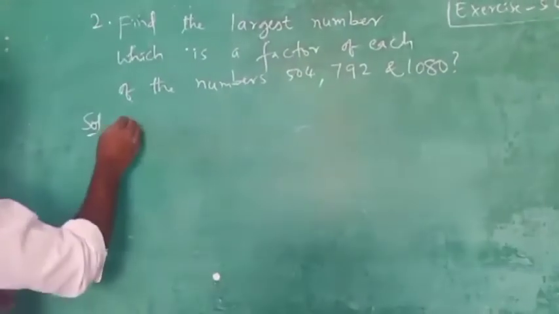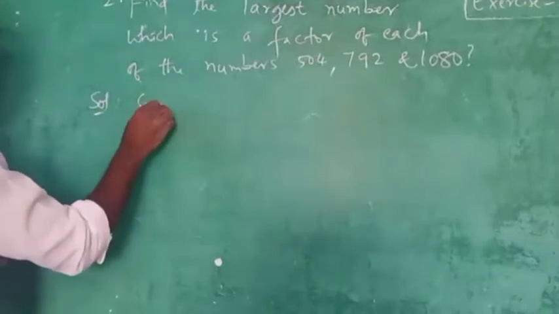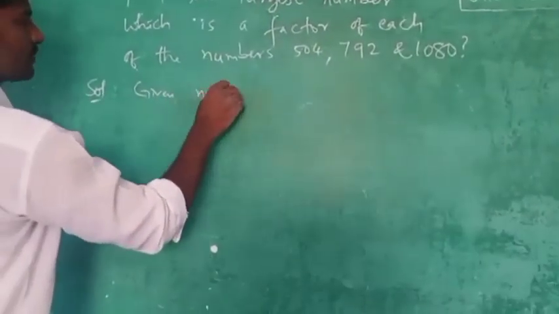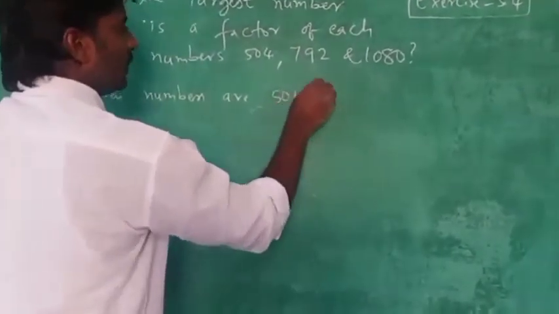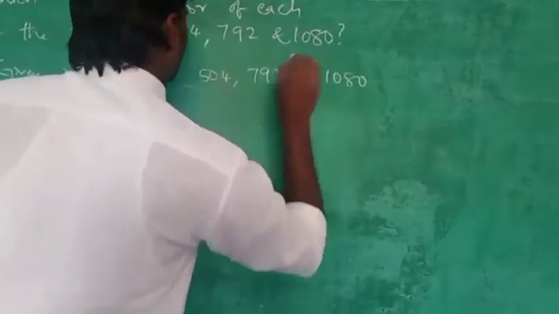Now, what is given here? The given numbers are 504, 792 and 1080.